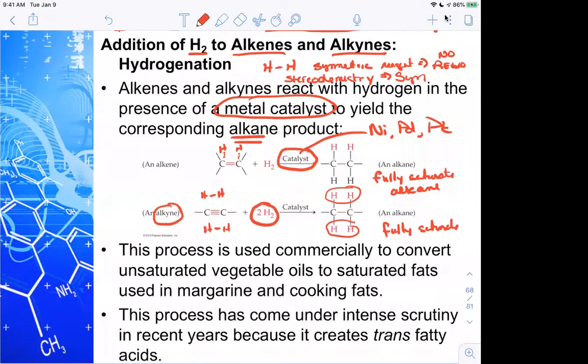And then we chemically make them non-healthy because we're saturating those double bonds. So that's actually not a great method. Those margarines and cooking fats have some stability benefits. I think you can keep margarine around forever, or those cooking fats too.